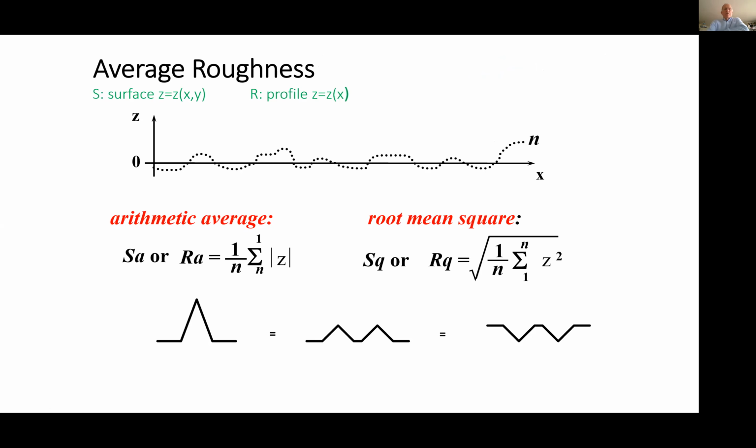So in any event, we would have the same Ra or Sa or Sq or Rq for these three surfaces, but we could easily imagine that they're going to behave very differently. And what I'm pointing out here, something we may get back to, the sampling interval is what we call the distance between two height samples.